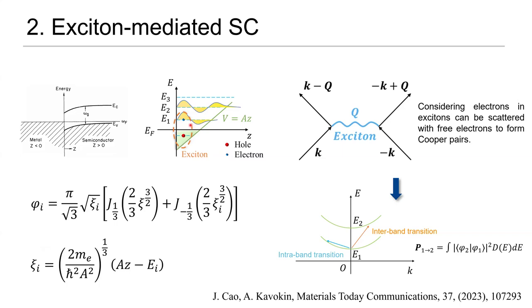Lifetime with respect to which process? Formation of the Cooper pair, so scattering with electrons. No, not Cooper pairs, just ordinary electron-hole pairs in the metal. You see, you have a metal nearby.